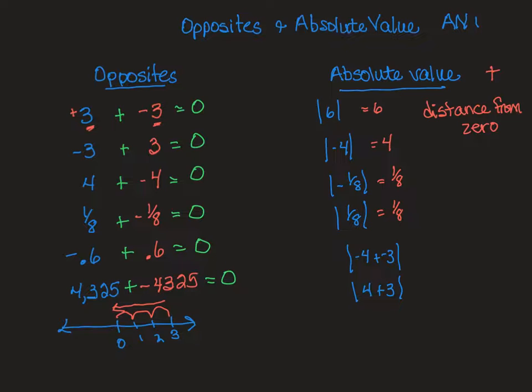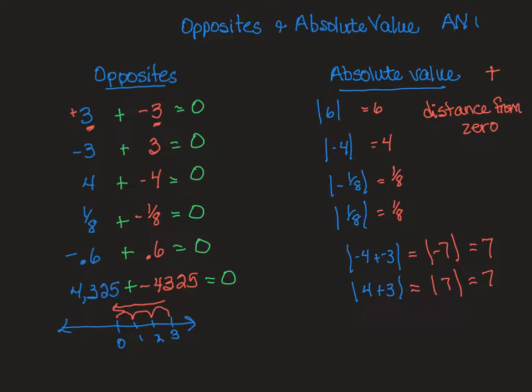Now I want you to look down here because this takes it a little bit of a different step. If I have 4 negatives and 3 negatives and I add them together, the answer to that is -7. If I add 4 and 3, I'm getting +7, okay? So the absolute value of both those problems is 7.